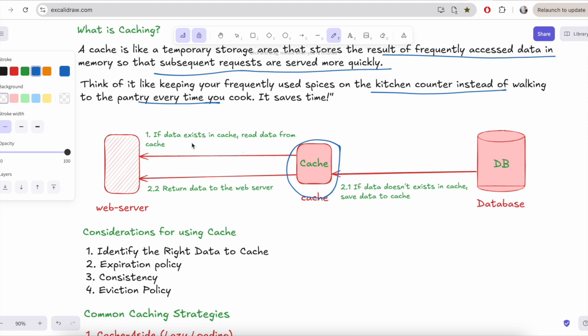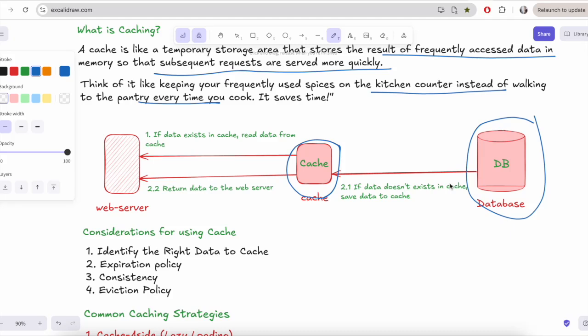If it has the data, it will simply give the result back to the client from the cache. But if the cache does not have the response or the result the web server is looking for, what it will do, it will query the DB. So it will query the database over here, and it will give back the result to the client.